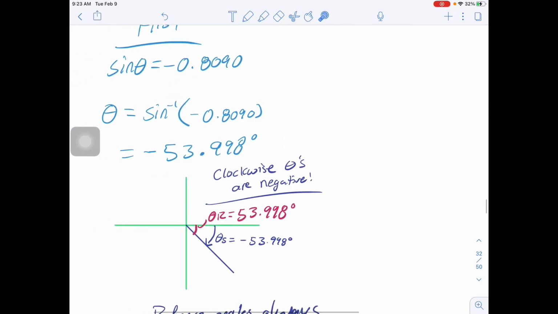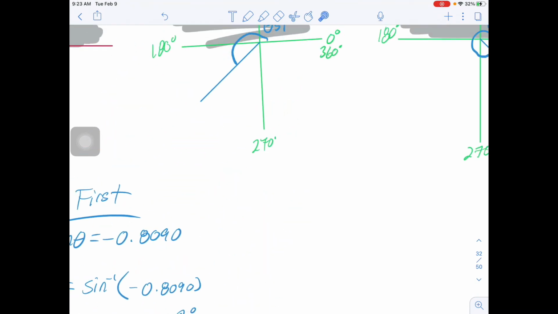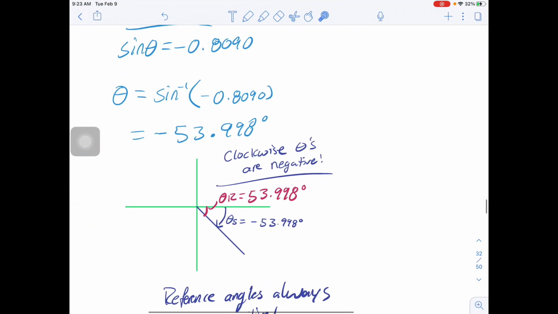This will only happen when you're dealing with negative sine ratios, because your calculator doesn't want to go all the way to the third quadrant and give you that standard angle, which would be this solution here. It wants to give you the easiest solution that it can find, which is just a negative small angle.